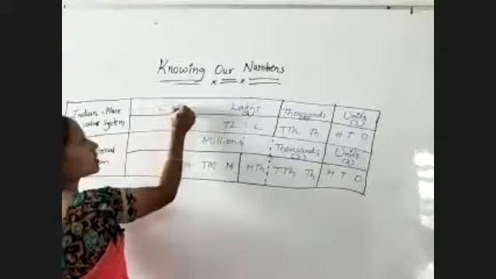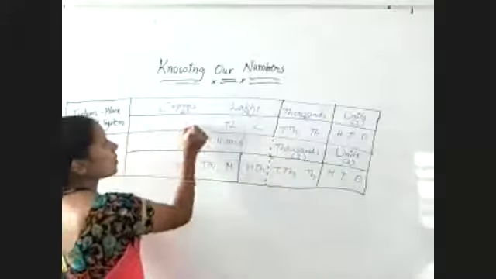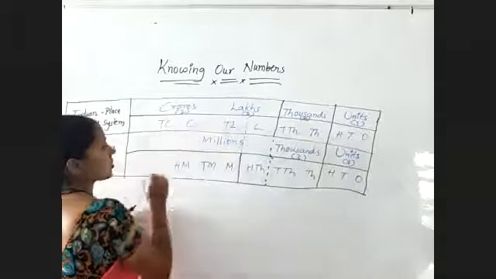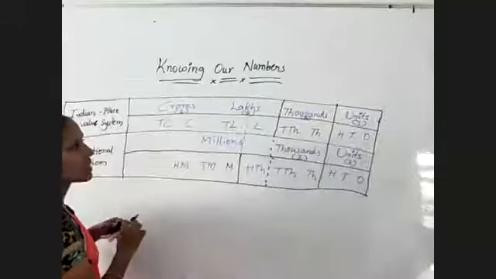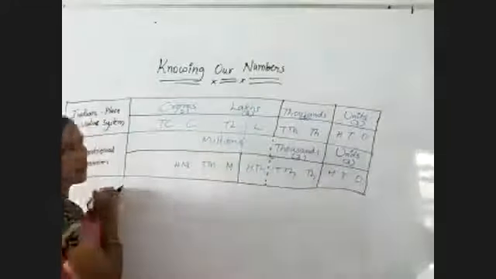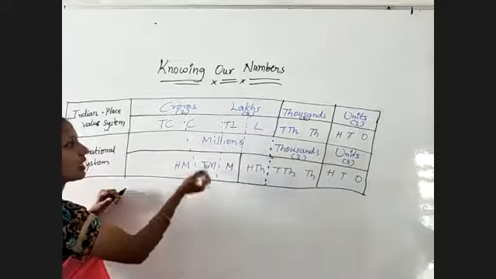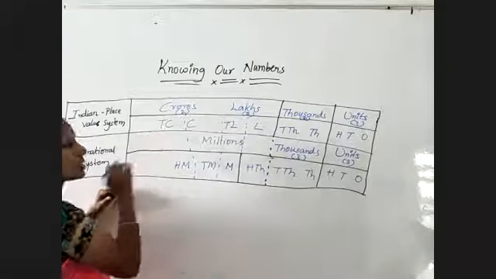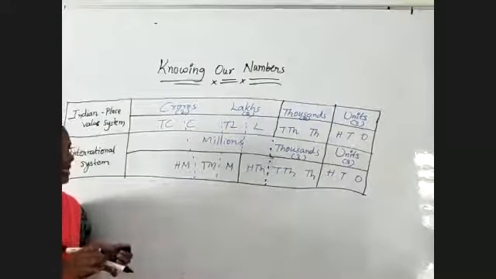And coming to crores, it also has 2 places: crores, 10 crores. So 10 lakhs is equal to 1 million. 1 crore is equal to 10 million. 10 crores is equal to 100 million. Just observe those, then you will understand easily.